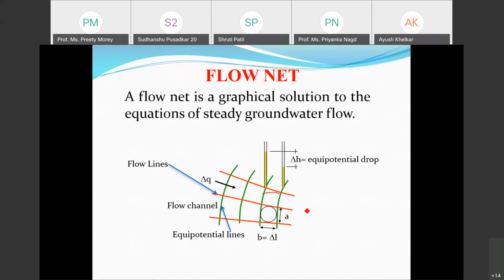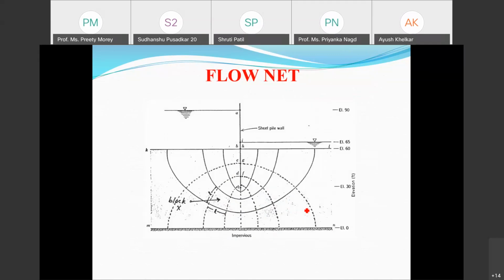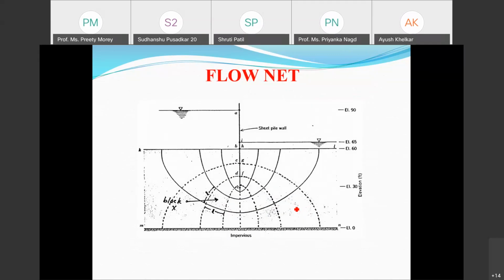So these flow nets help me find the discharge through the soil mass and the exit gradient. That also is a purpose. This is one diagram which I am showing as a flow net. This is a sheet pile. These are mild steel sheet piles inserted here so that the water is retained on this side and this area is available for construction.